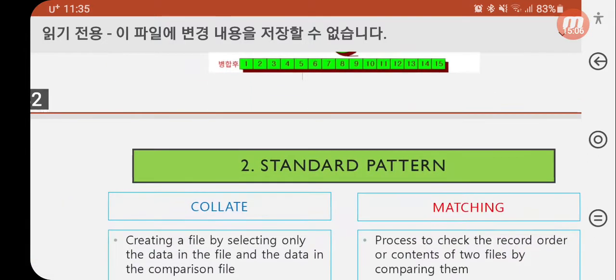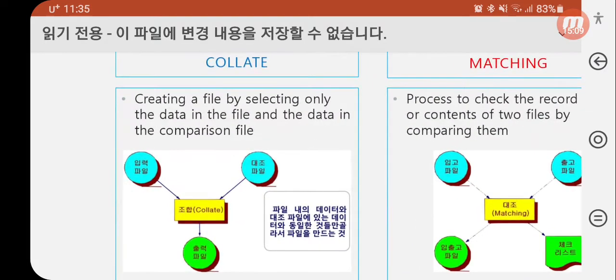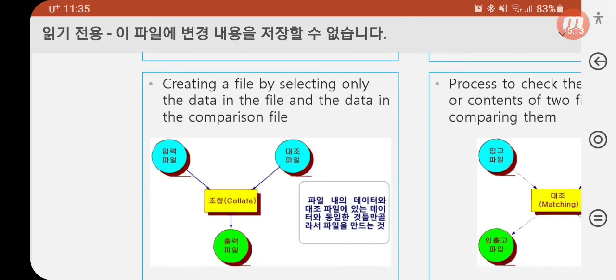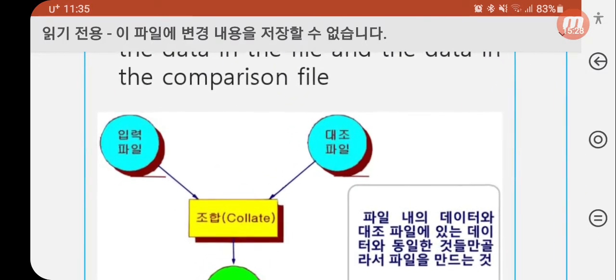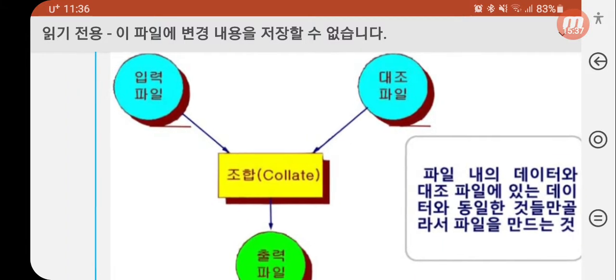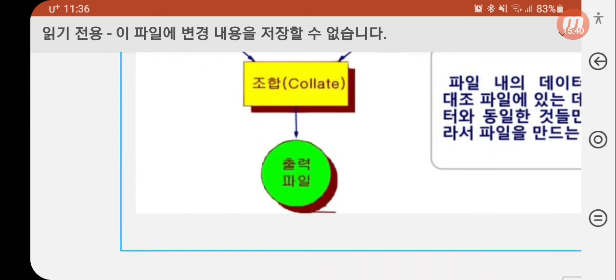Correlate. This is creating a file by selecting only the data in the file that matches data in the comparison files. Input file, comparison file, correlate, and output file.